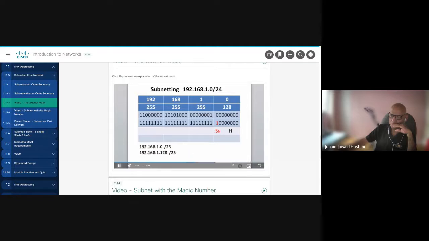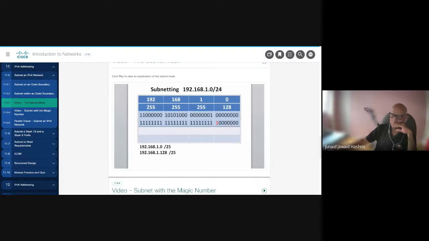The subnetworks are the 192.168.1.0/25 subnetwork and the 192.168.1.128/25 subnetwork.